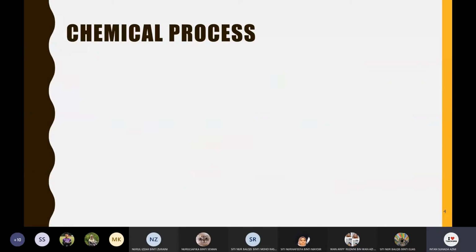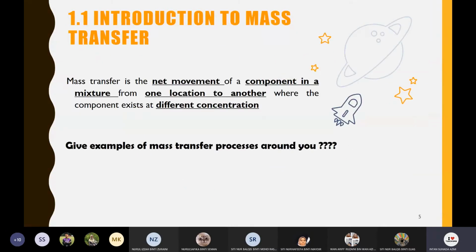So, introduction to mass transfer. What is mass transfer? Here is the definition. The question for the definition of mass transfer is quite popular during exams and tests. So you should understand the definition, so that when you understand, you will straightaway memorize. Mass transfer is a net movement. Movement means something is moved from point 1 to point 2.